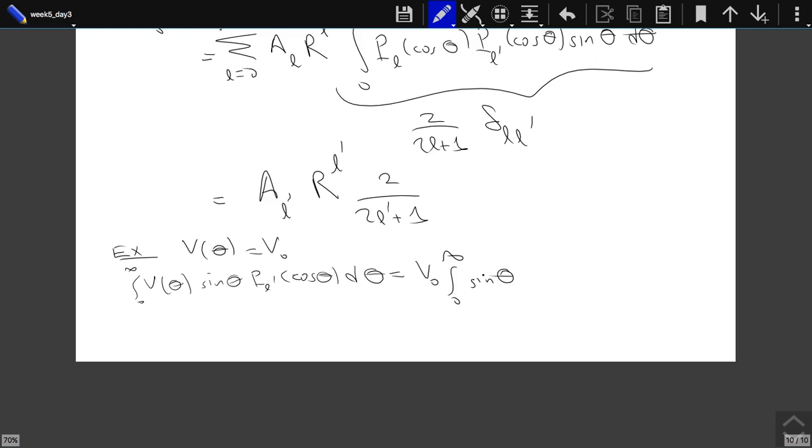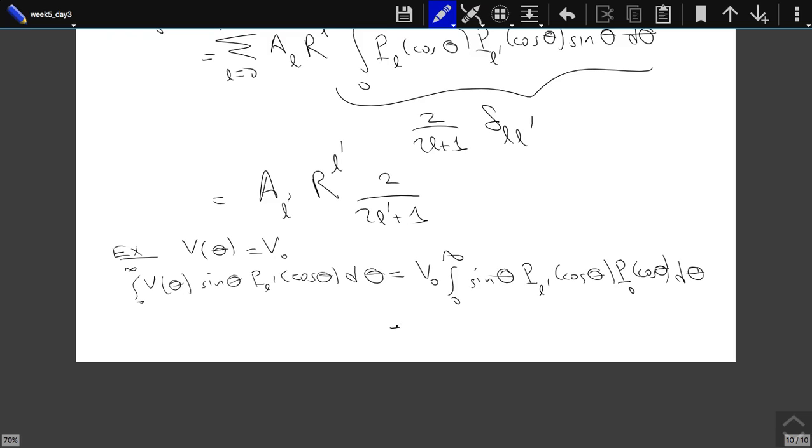Well, this is V0, that is V of theta. Inside I have sine theta, P_L prime times cosine theta, integrated over theta. There is a 1 over here, 1 is multiplied by 1, but 1 is P0. P0 is just 1.